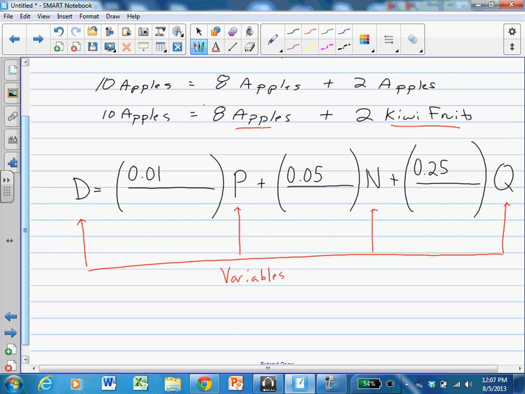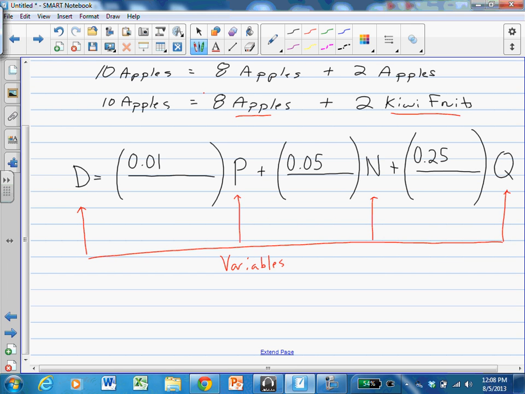Now, to be able to add this and make this equation work, each of these terms has to work. 0.01 with the units times P is one term, 0.05 with the units times N is another term, 0.25 times the units times Q is still another term. And they have units associated with these numbers, 0.01, 0.05, 0.25. Those units have to give us, we have to end up with dollars to be able to add it, okay?